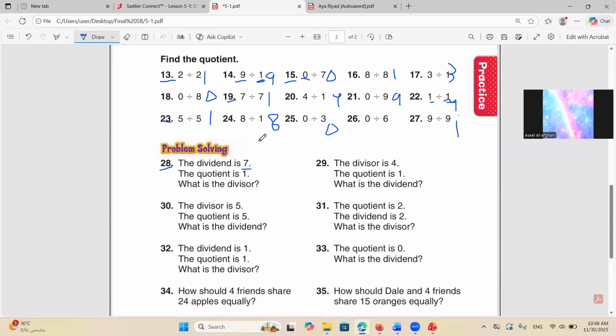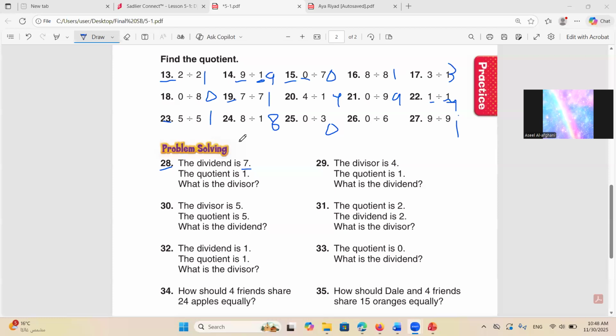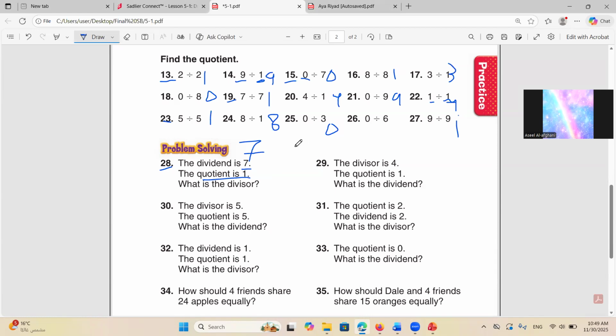Take this. The dividend is 7, the first number on the left side of the division sentence, and the quotient is 1. So the answer of the division sentence is 1. What is the divisor?